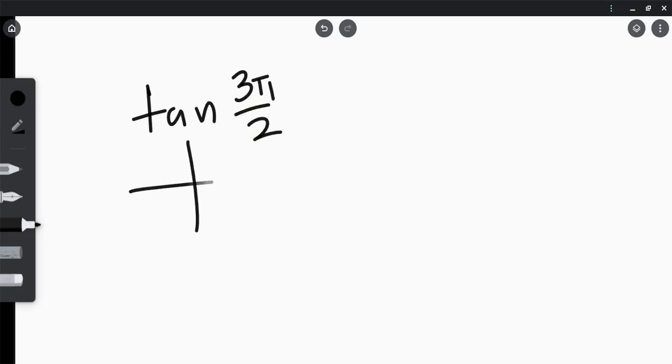Now let's see another one. Let's say you want to evaluate tangent of 3 pi over 2. You can pause the video and do it by yourself. So what you do is you draw a point here on the quadrantal angle of 3 pi over 2, and you know this is 0, negative 1, right? And tangent is y over x, so this is negative 1 over 0.